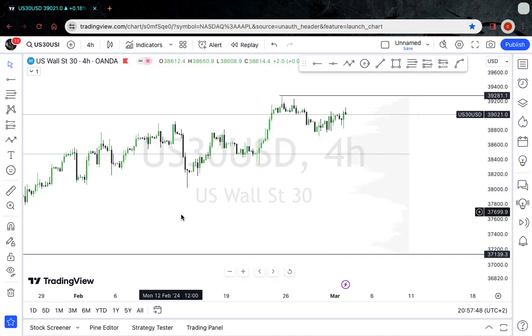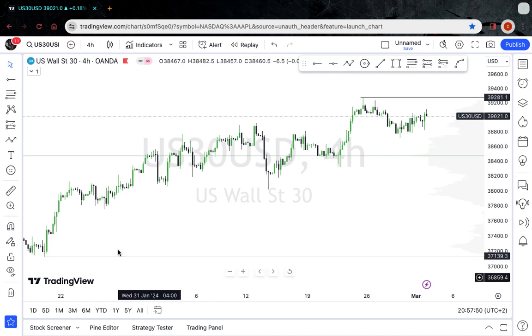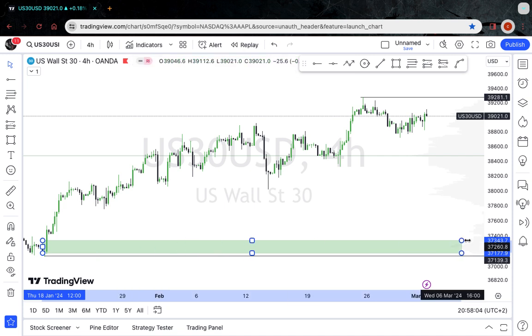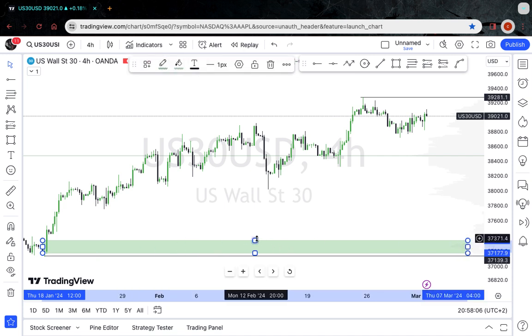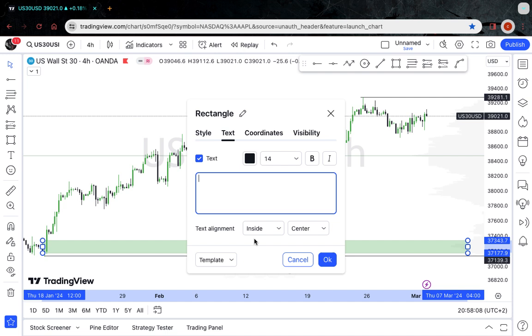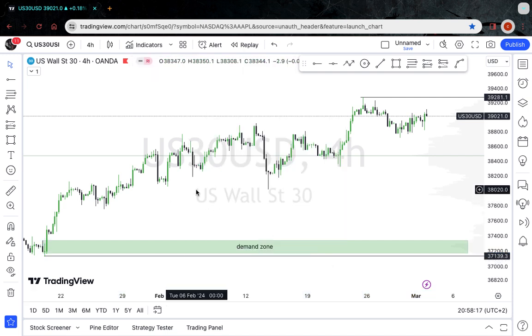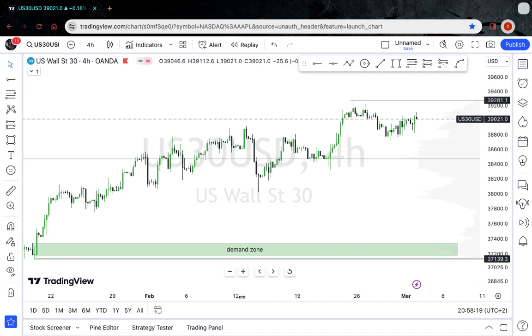If you can check here where the market created an overall low and where the market created an overall high. Where it created an overall low, it left us a demand zone here, right? We have a fresh, untested demand zone. So we are just going to be marking it as our demand zone.